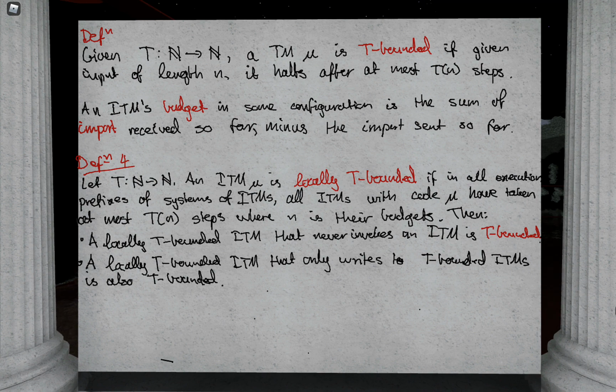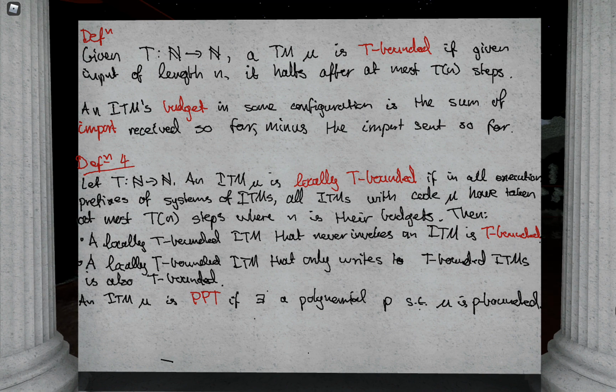An ITM called mu is probabilistically polynomial time if there exists a polynomial p such that mu is p-bounded.